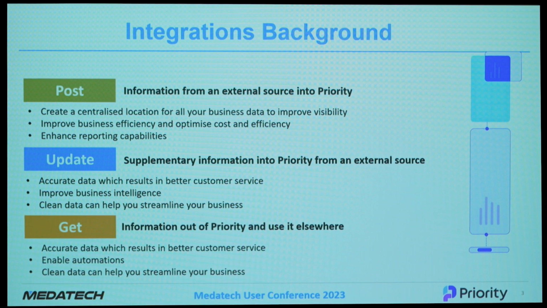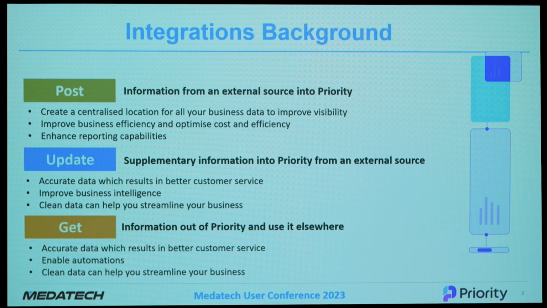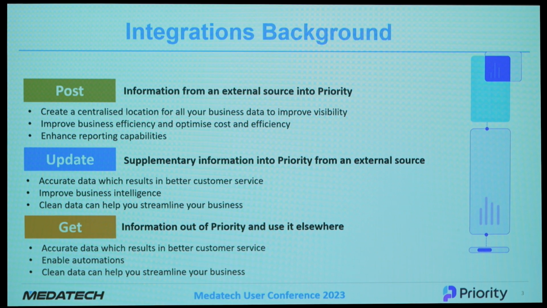And get-type integrations, you might want to get data out of Priority for use elsewhere, such as on a website. Each of these three have different reasons why you would use them, and the integrations I'm talking to you about today use a mixture of post and get.